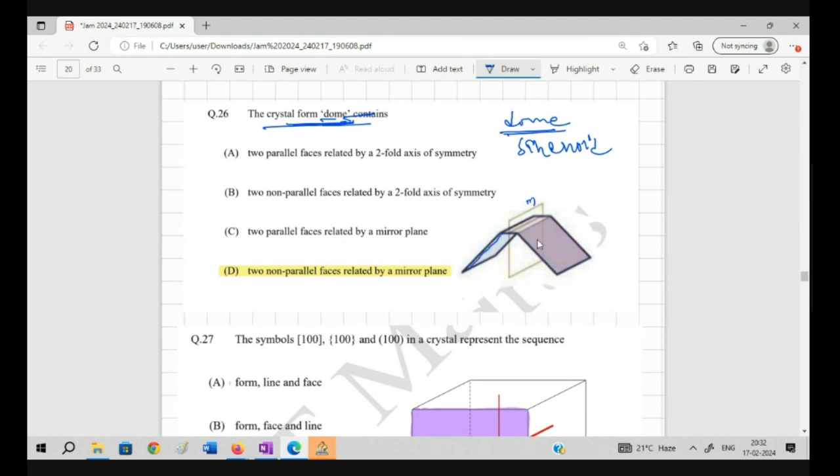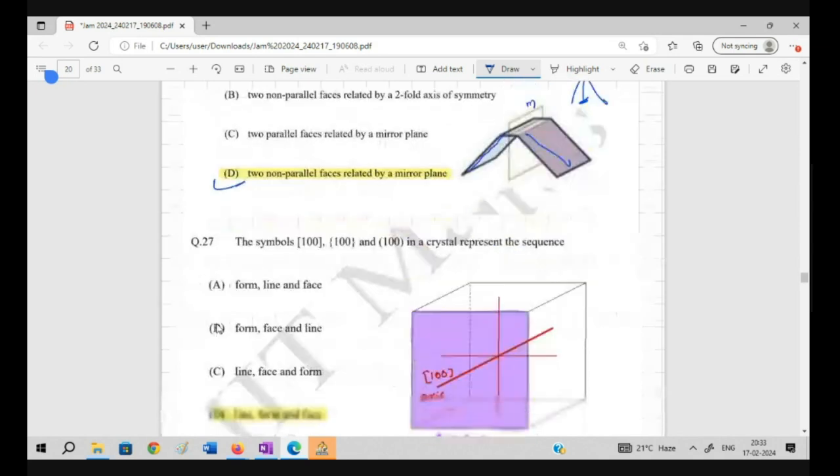This is a face and this is another face, correlated by a mirror plane, and these two faces are non-parallel also. But in the case of sphenoid, two non-parallel faces are related by a two-fold axis. Because here it is asked about dome, the two non-parallel faces are correlated by a mirror plane itself. Could you get it?